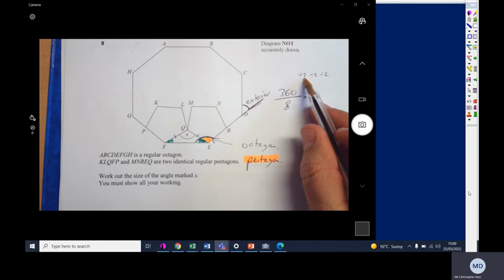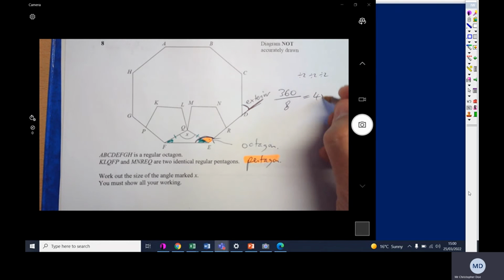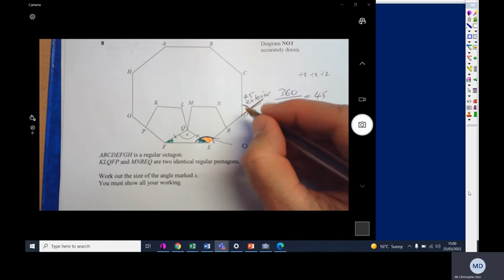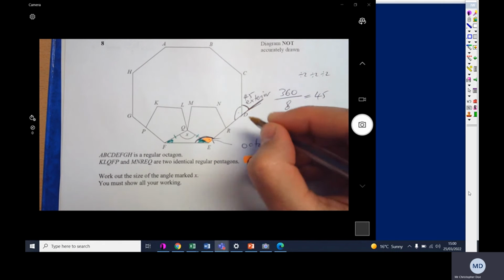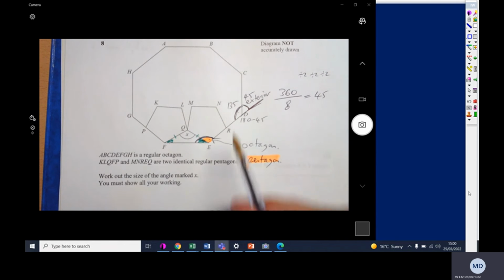Half of 360 is 180, half again is 90, half again is 45. So that exterior angle is 45. Then the interior angle is 180 minus 45, which is 135. If you've got either of those, you've got one mark.